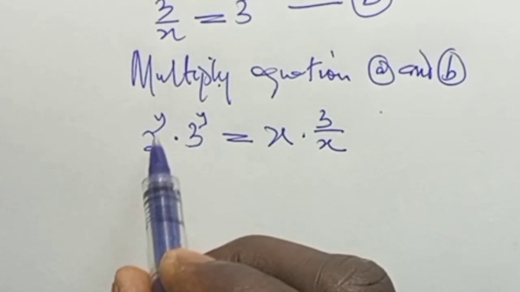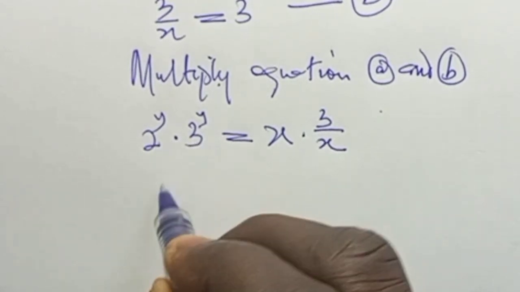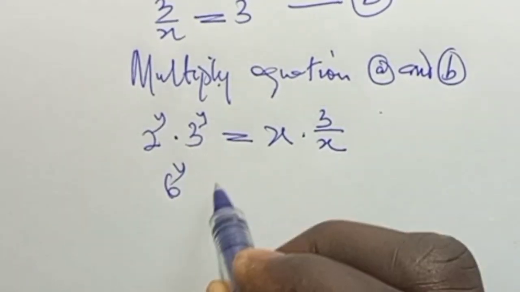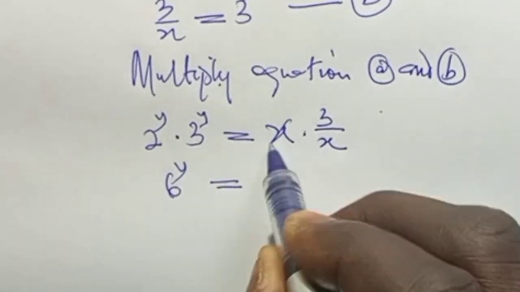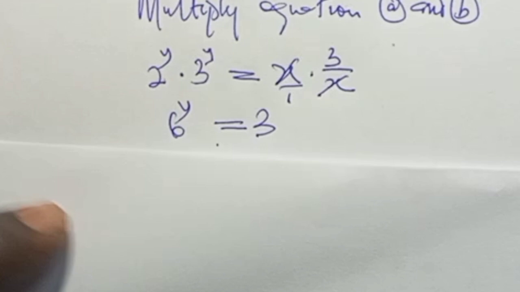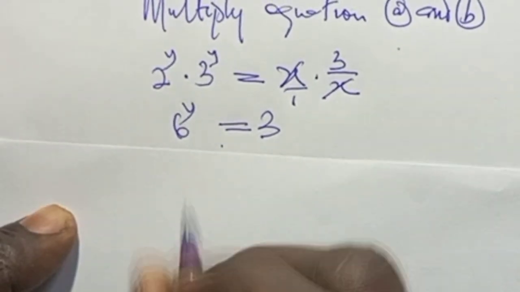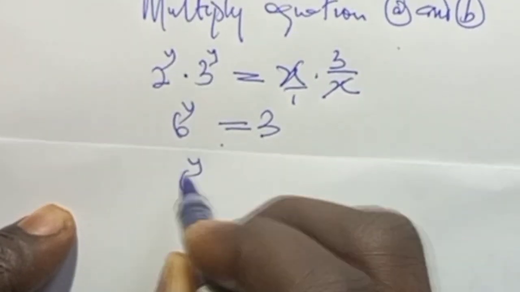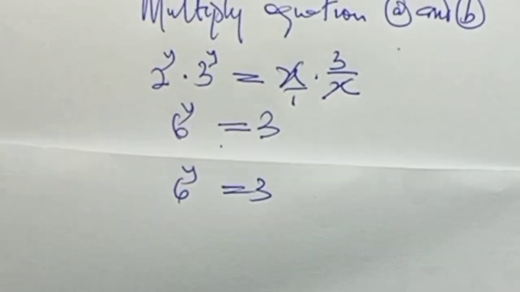And here, 2 to power y times 3 to power y is 6 power y equals to, here x will cancel, x is over 1, we'll be left with 3. So this is 6 power y equals to 3.